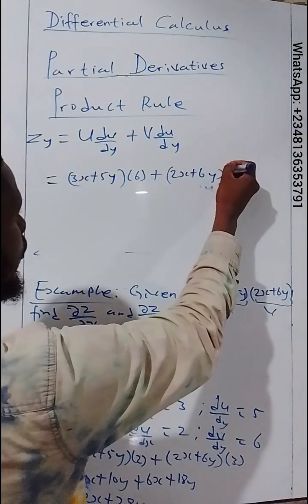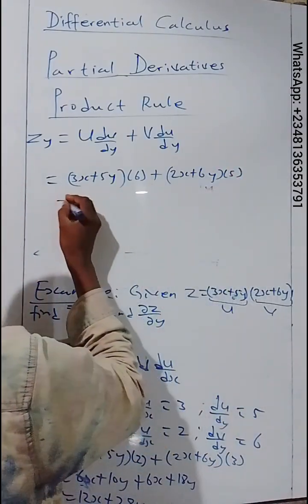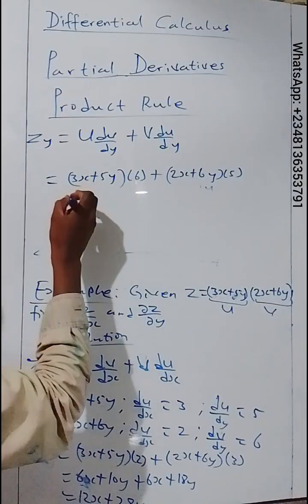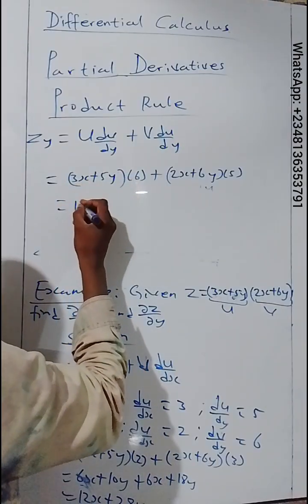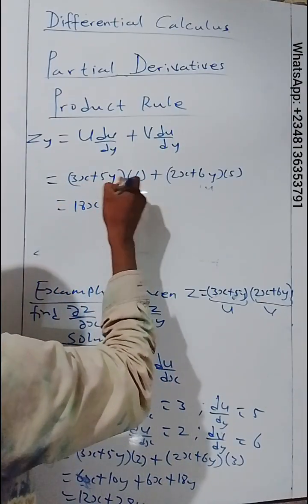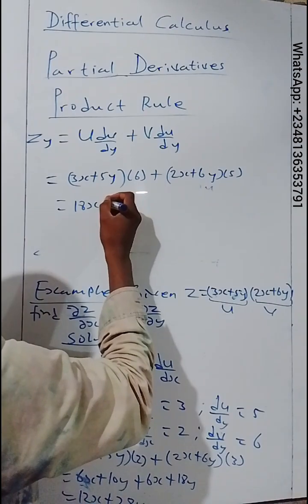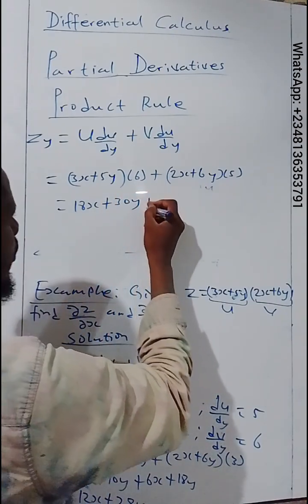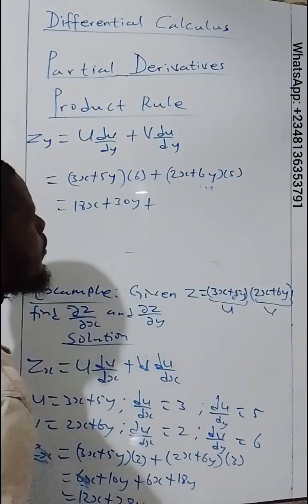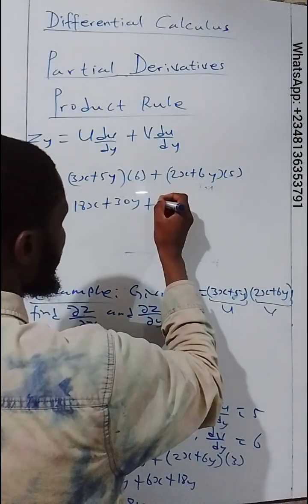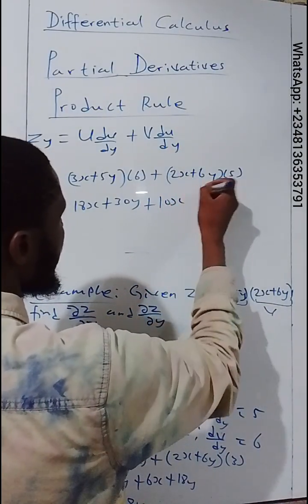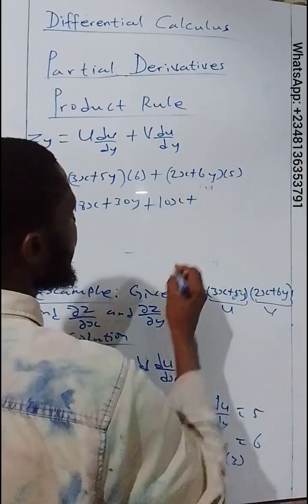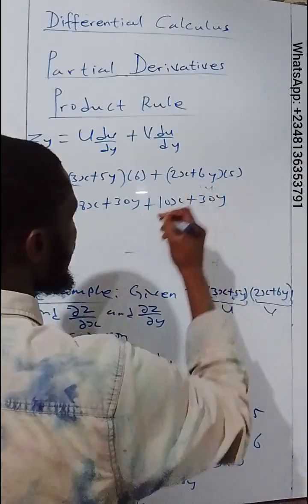So we open the bracket: 6 times 3x, that is 18x. Then plus 6 times 5y, that is 30y. Then plus 5 times 2x, that is 10x. Then plus 5 times 6y, that is 30y.